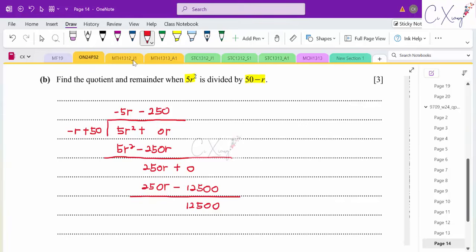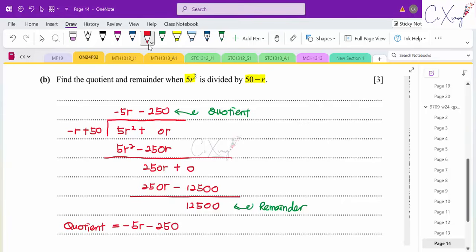Okay, so if you are trying to use a long division, you should know that this particular phrase on top is actually the quotient. And this particular value at the bottom here is actually the remainder. So for me, I would prefer to write out again. What is the quotient that I get from this part? The quotient is basically negative 5r minus 250.